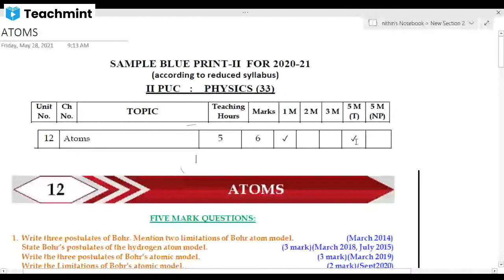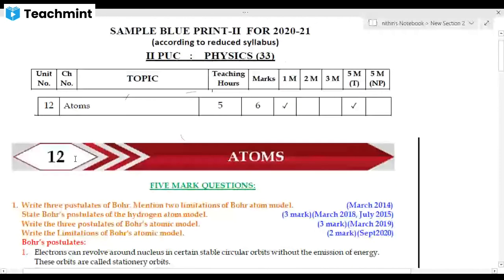Totally 6 marks from this chapter. Okay, now we'll start with the topics.